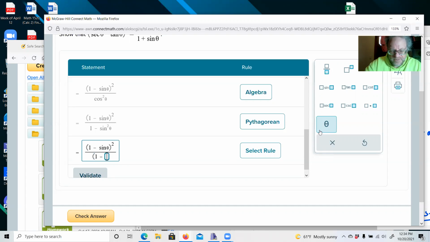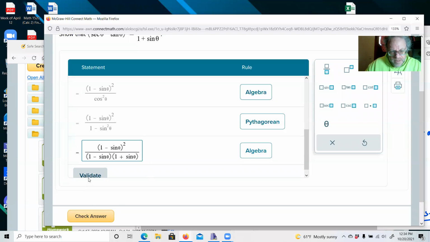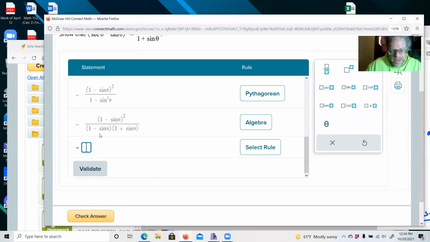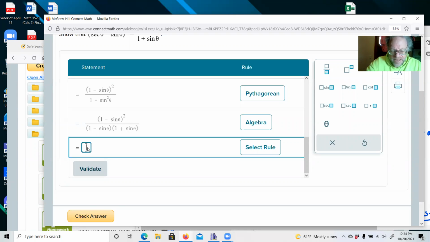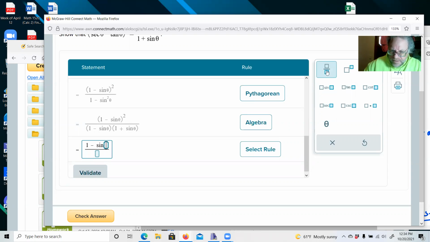We have 1 minus sine theta, 1 plus sine theta. Well, that's an algebra step. Hooray. And now this is 1 minus sine theta divided by 1 plus sine theta.